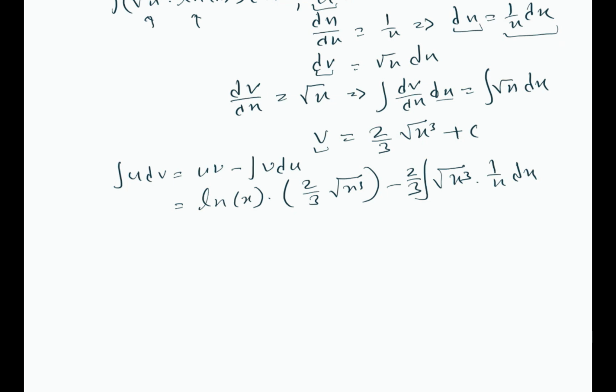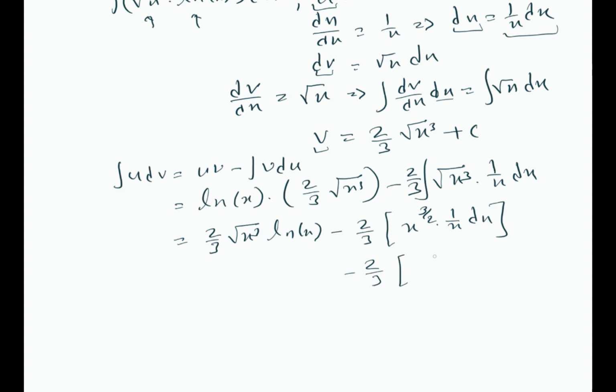So if you simplify this expression, we will get 2 over 3 square root of x cubed ln of x minus 2 over 3. And here we need to consider one thing. We have x to the power 3 over 2. Then we have 1 over x dx, right? 1 over x means x inverse, x to the power minus 1.